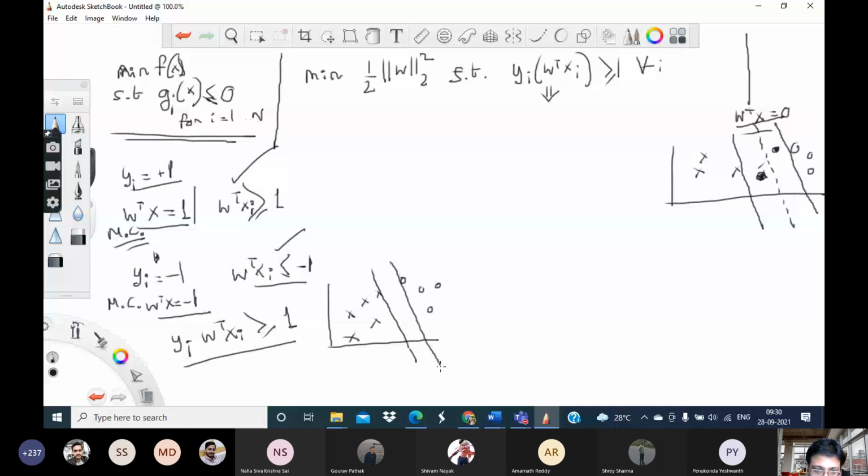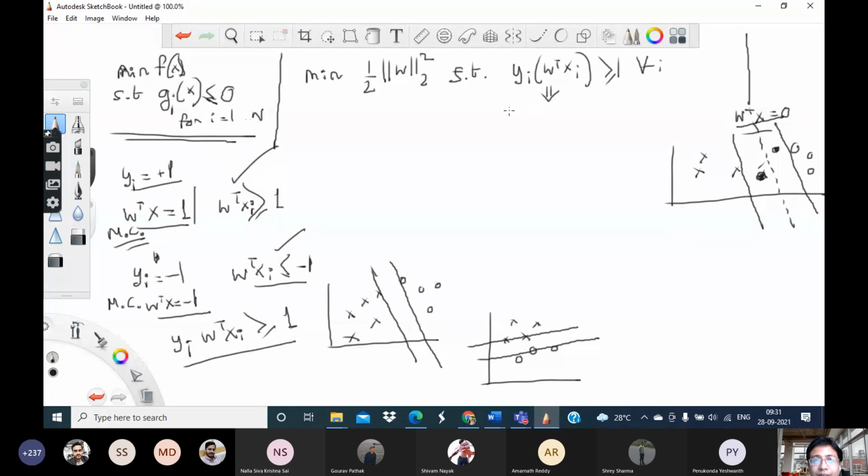If the points are linearly separable, that is, a line exists like this and another line exists like this, whichever orientation it is, you will always be able to draw two lines parallel to each other, which are basically the marginal classifiers. The orientation is decided by w, but two parallel lines you will always be able to find.